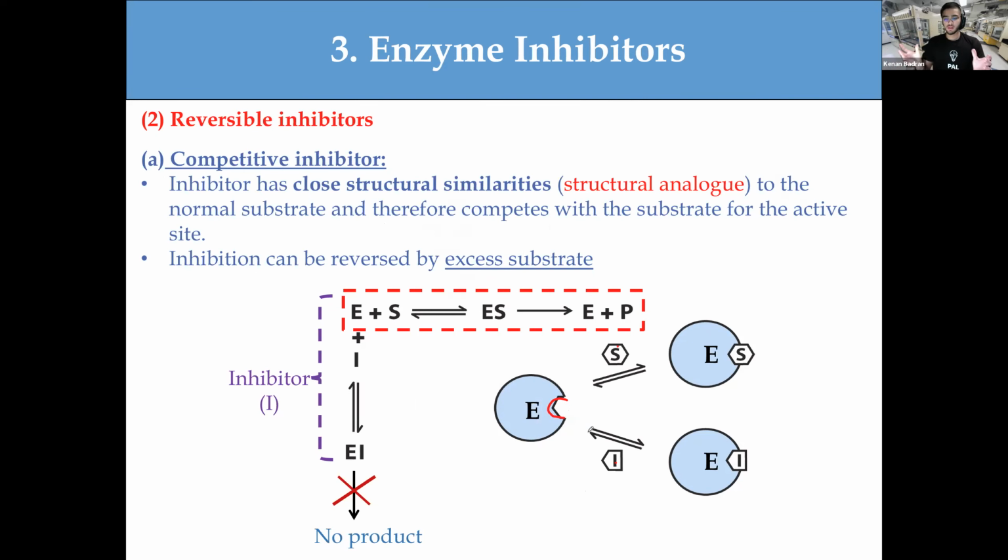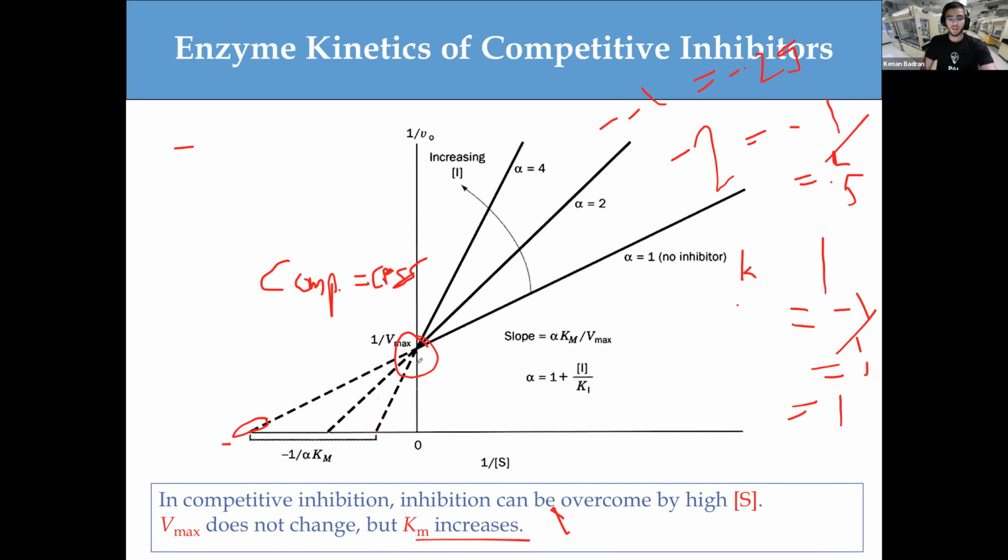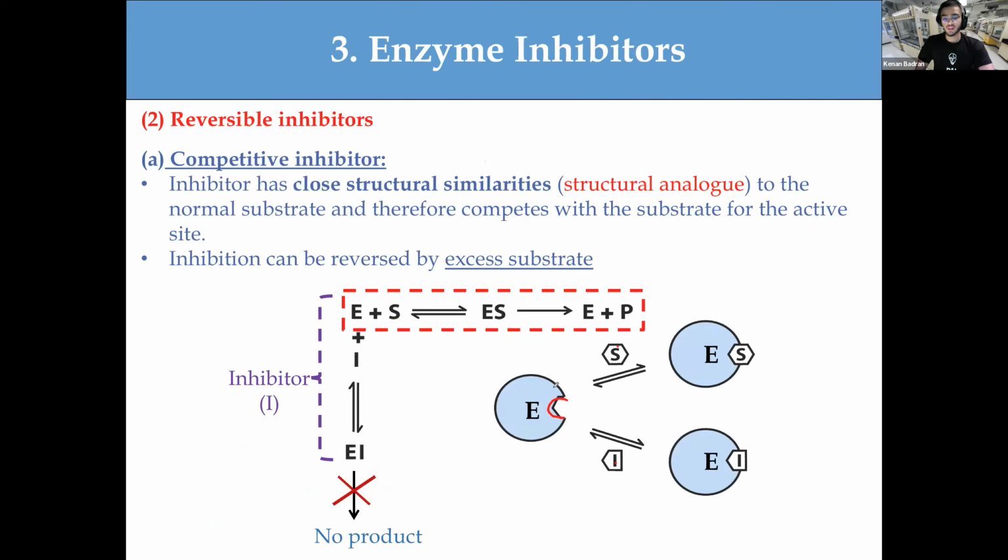So its affinity, or its ability to grab a certain item, either the substrate or the inhibitor, is reduced. And therefore, its Km would be increased. Changing Km is inverse to the affinity. So if the enzyme's affinity is reduced, its Km would increase.